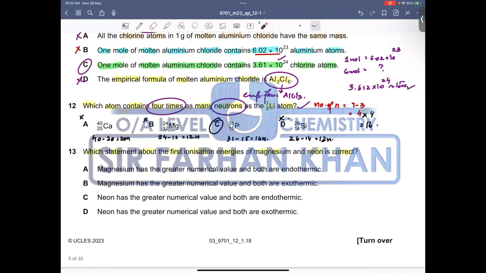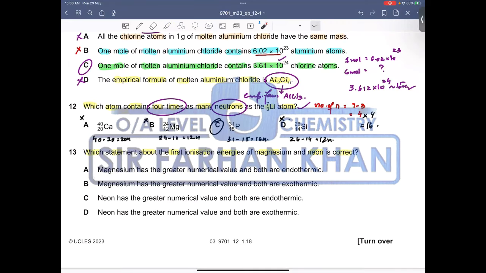So let's draw this first ionization energy from neon to onwards. Let's draw this. This is neon. This is sodium. This is magnesium.